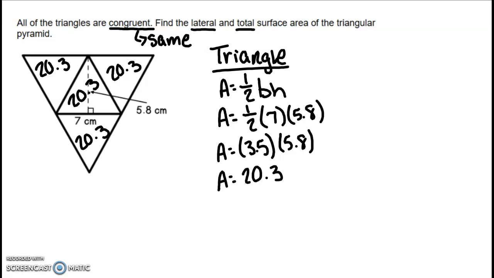So if I'm finding the lateral surface area, that's without this triangle in the middle, then I have 3 triangles that are all 20.3. I can either add 20.3 3 times, or I can just multiply by 3 since they are all the same size. I'm going to multiply by 3 here.